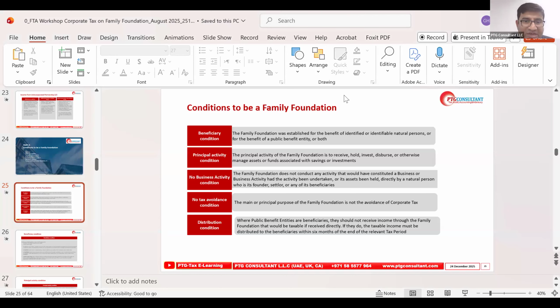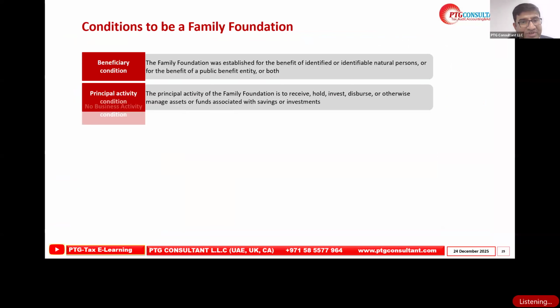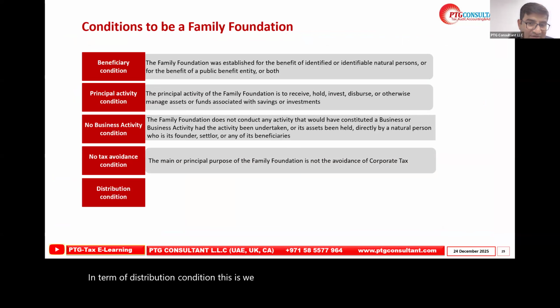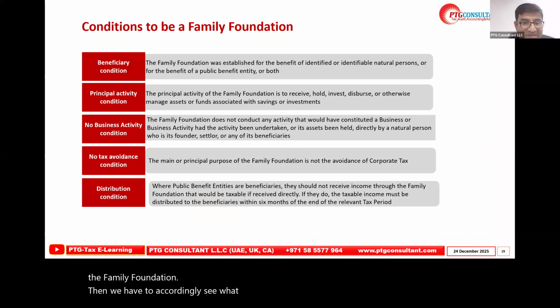Now, last but not the least, the distributive condition. In terms of the distributive condition, we already discussed if the public benefit entity is part of the family foundation, then we have to see accordingly what additional requirements there are.